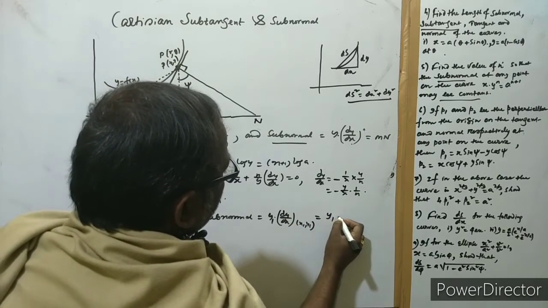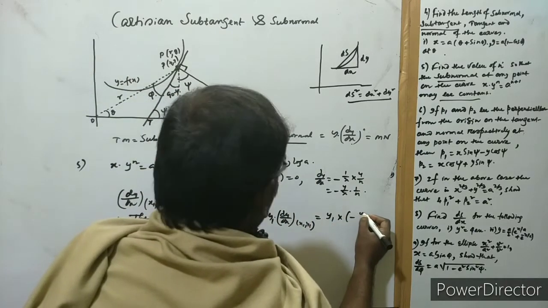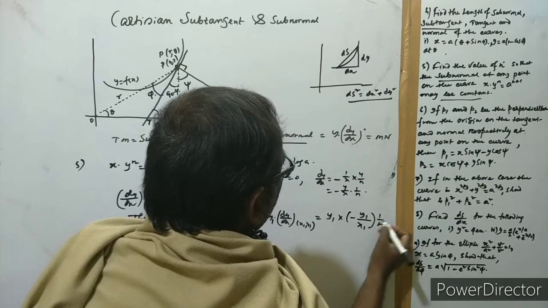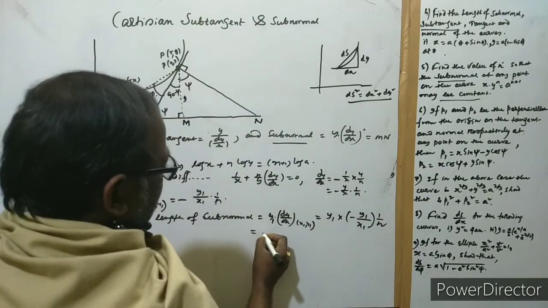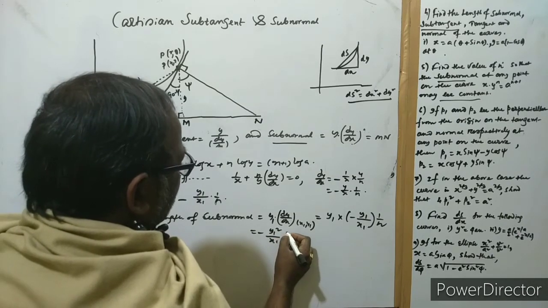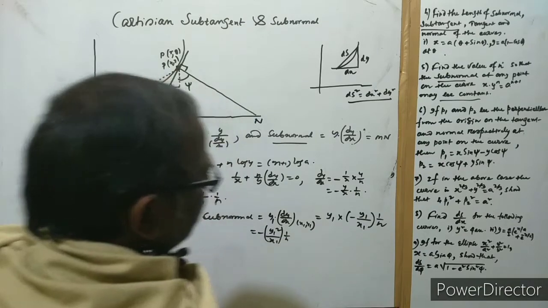So y1 into dy by dx, this is minus y1 x1 1 by, and this is equal to square by, okay.